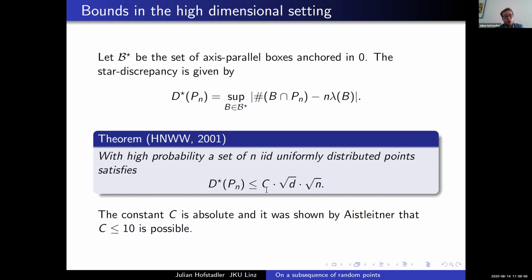And it was also shown by Hofstadler, I think it was in 2014, that the constant can be bounded by 10. But the proof of Hofstadler and the proof of this result, they are quite different. I can say both rely somehow on empirical process theory, but I also don't want to go into detail too much here.